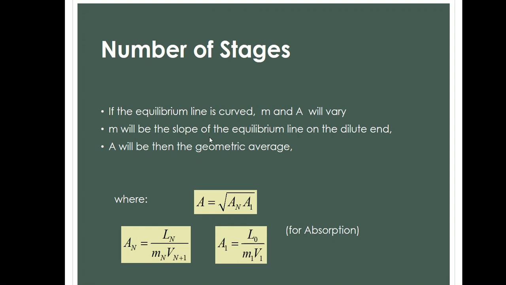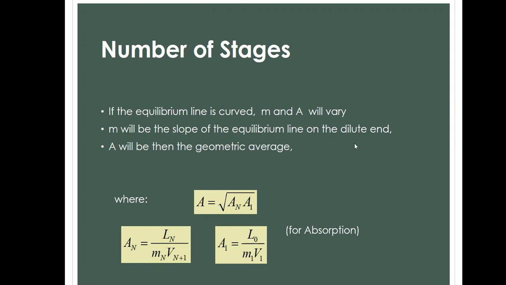M will be the slope of the equilibrium line on the dilute end. So in some scenarios, you will encounter such a problem and be asked, what M will I use? Because my M varies, because my equilibrium curve is not a line, but a curve. Then, you will have to get the slope of the curve on the dilute end. So, M will be the slope of the equilibrium line or curve on the dilute end.